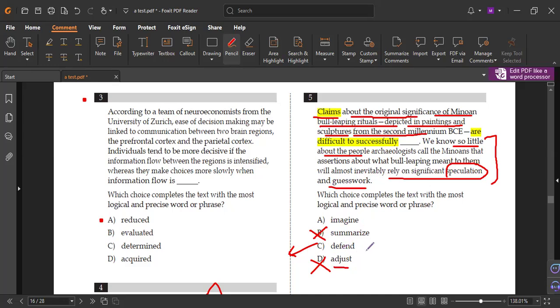So defend here means to support in face of argument. When we argue about something, you should give me evidence. He said we know little, and all the ideas are based on significant speculation, the guesswork. So letter C is the best answer.